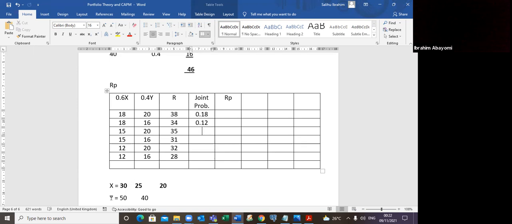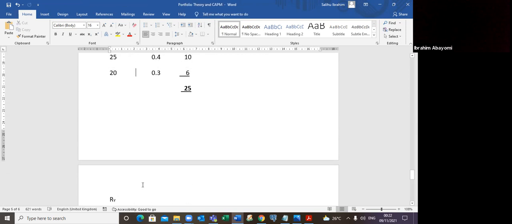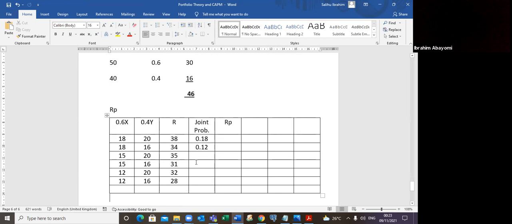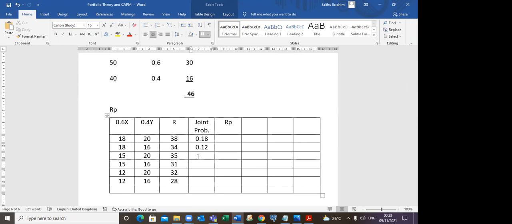Then you now come to 25. Probability of 25 is 0.4. And probability of 50 is 0.6. So 0.4 times 0.6 gives me what? 0.24.